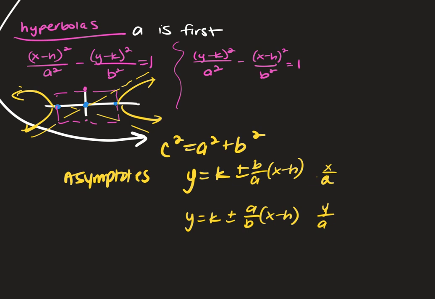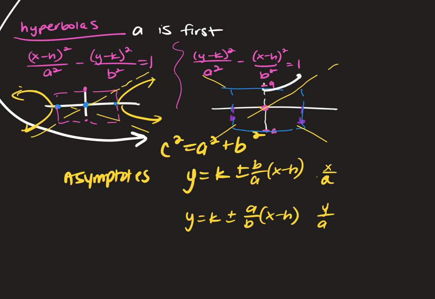If the A is under the Y, then I find my center. I go up and down the A, right and left the B. I draw the little box. I draw my asymptotes. And my branches go up and down.